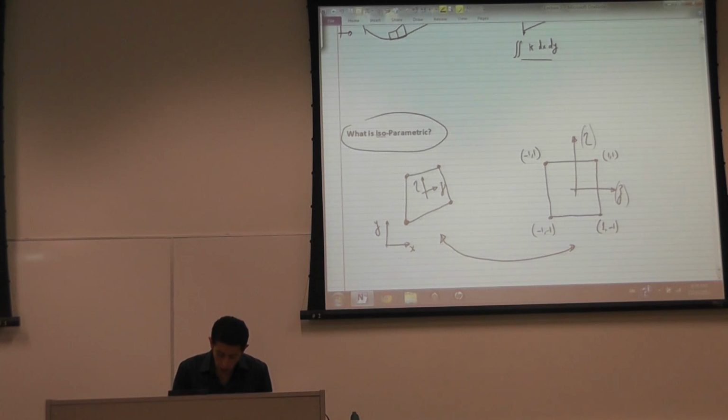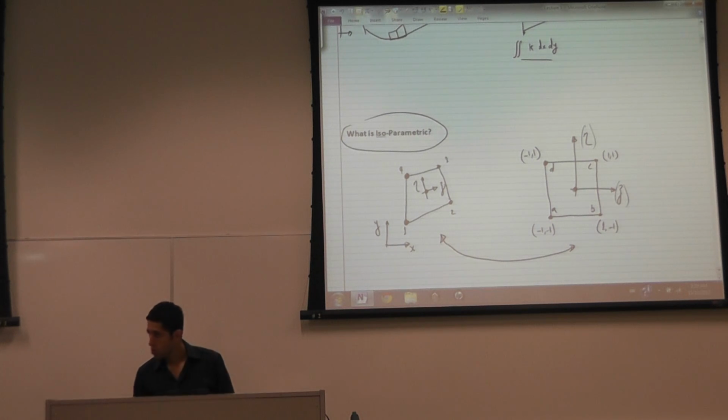You can pick the centroid of the element and say this corresponds to this node. You can pick this one corresponds to this. So this is node 1, node 2, node 3, node 4. You need to pick a function such that node 1 corresponds to node A, node 2 corresponds to node B, node 3 corresponds to node C, node 4 corresponds to node D, the centroid corresponds to the centroid.